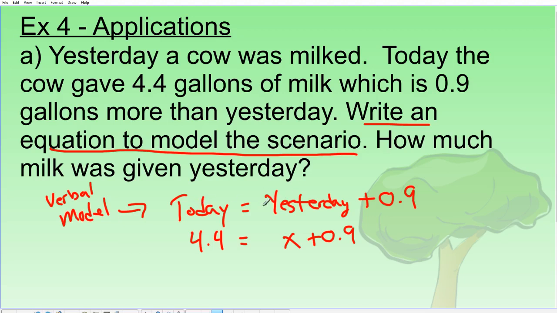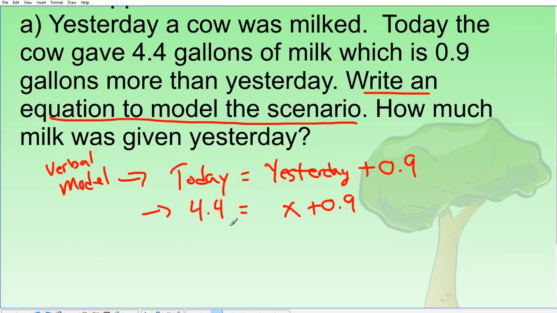I have a formula that makes sense in terms of the word problem. So if I take yesterday's plus 0.9, then all I do is plug the numbers into my little formula. So today they gave this much, yesterday I don't know, there's that. And now I can solve this equation relatively easily. So this is my equation that I need.